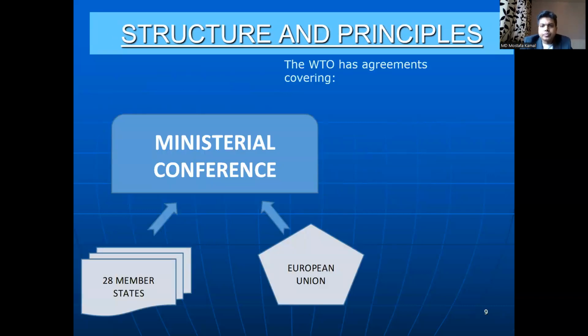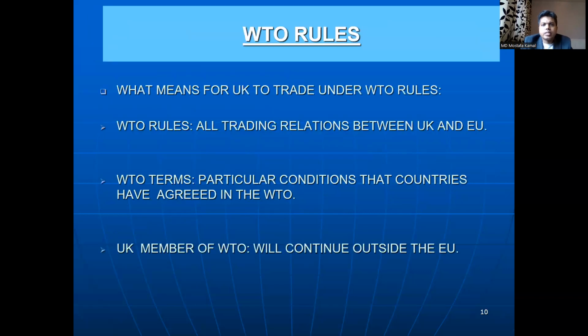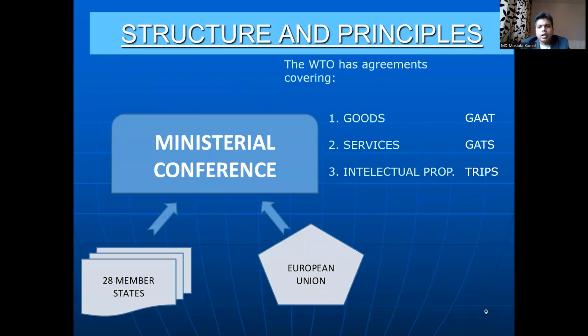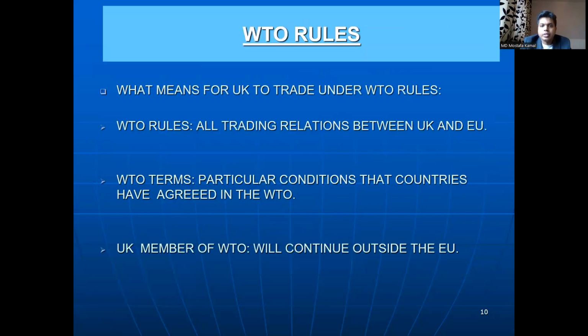In the next slide, we can see the World Trade Organization has agreements covering goods, that is GATT, services, GATS, and intellectual property, that is TRIPS. So the Ministerial Conference is divided into two categories: 28 member states and the other, the European Union.